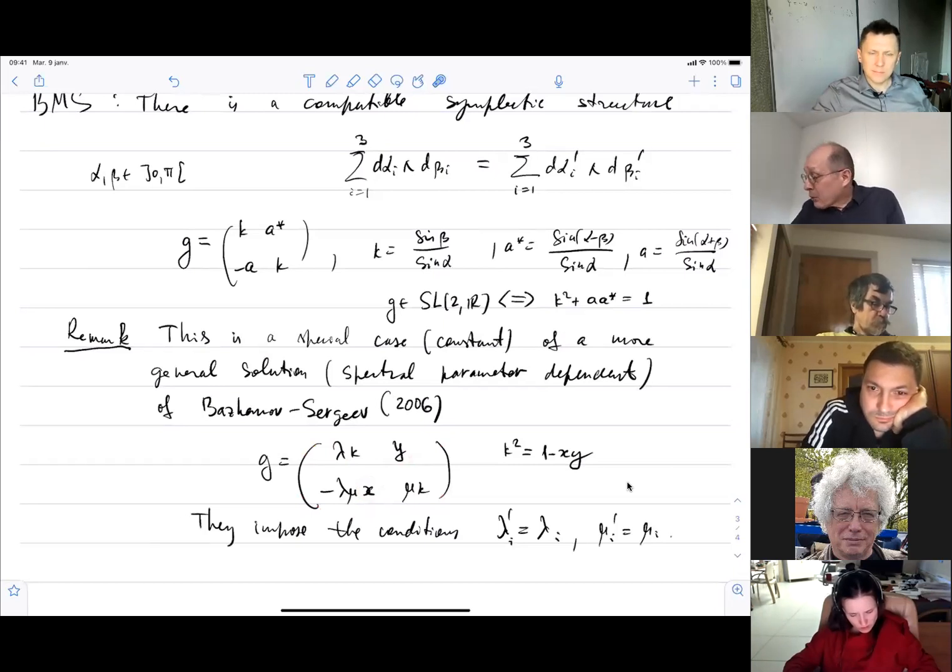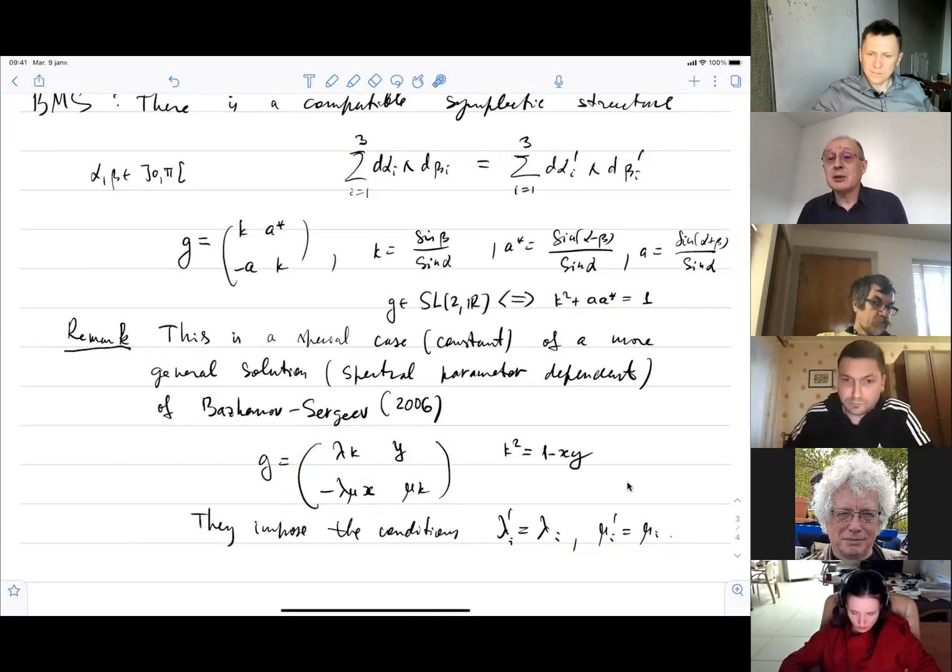But for some intuitive reason, Bazhanov-Sergeev say, let us consider some system of equations on top of the local Yang-Baxter equation, imposing these extra conditions. And they come up with a solution. I will not write the prime variables, they are pretty complicated. But you can check, say, on Mathematica that what they obtain solves the tetrahedron equation.